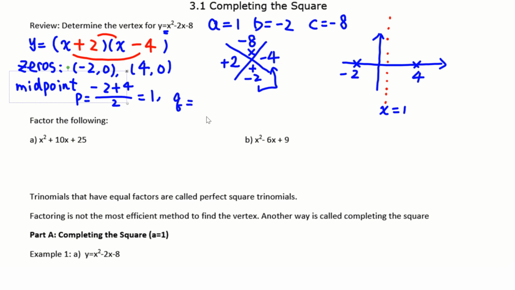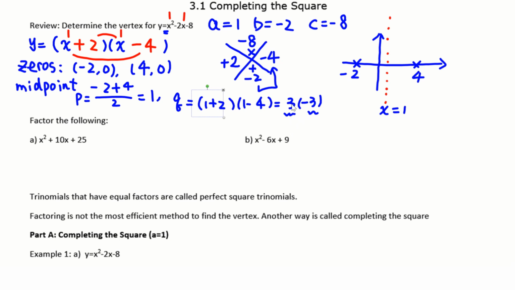So q equals, we put the 1 into the factored form, or we put 1 into the standard form, replacing the x with 1. So if we put in the factored form, we have 1 plus 2 times 1 minus 4. If you have factored form, I encourage you to use factored form because you could double check if your vertex x-coordinate is correct or not.